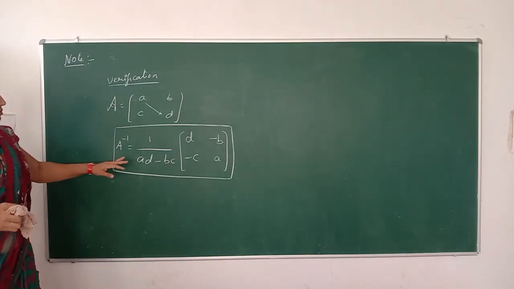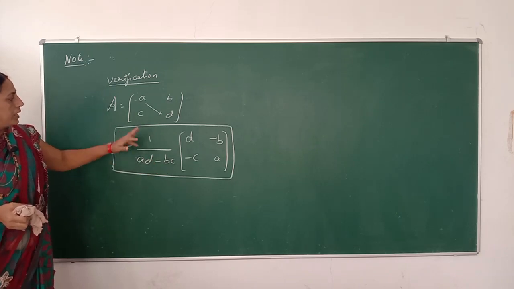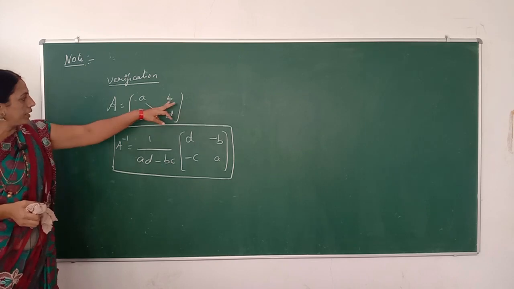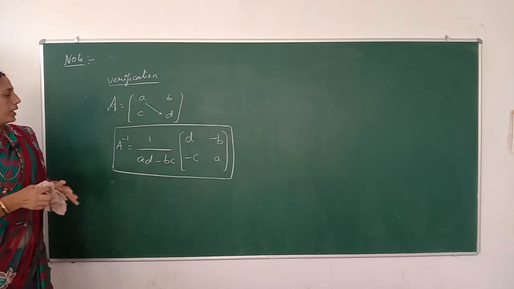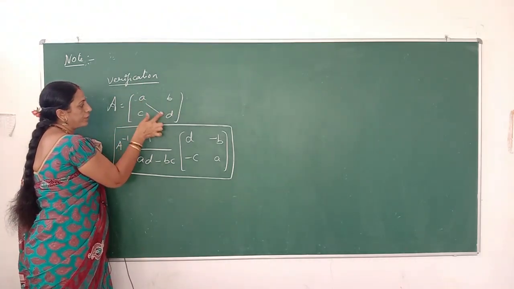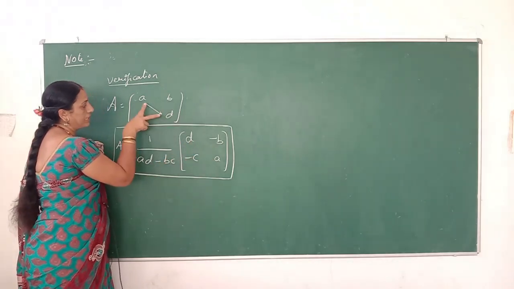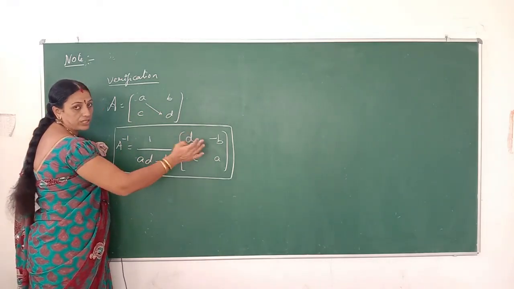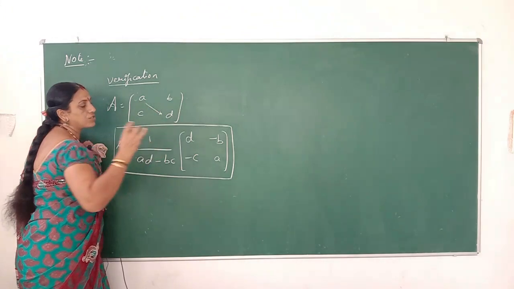So A inverse can be written in the form of 1 over AD minus BC. AD is the product of the left diagonal minus the right diagonal, into the elements of the matrix A, where the two left diagonal elements interchange their places, but the right diagonal elements only change their sign.